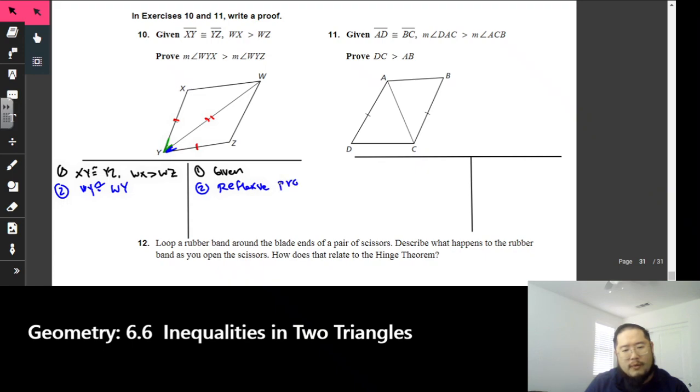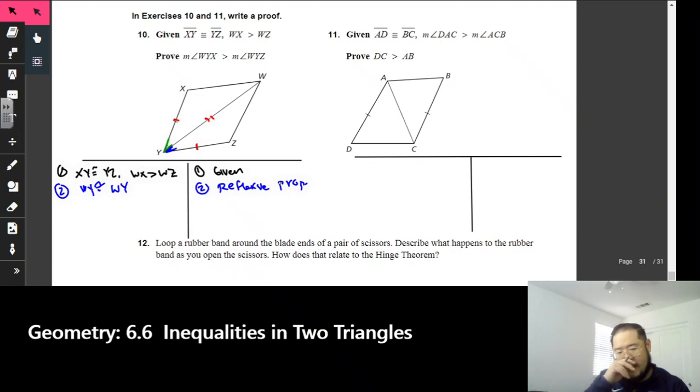Because remember, if we want to be able to prove or justify whether we use the hinge theorem or the converse to the hinge theorem, we have to have either two angles or two congruent sides and included angle. So let's see what we have here.